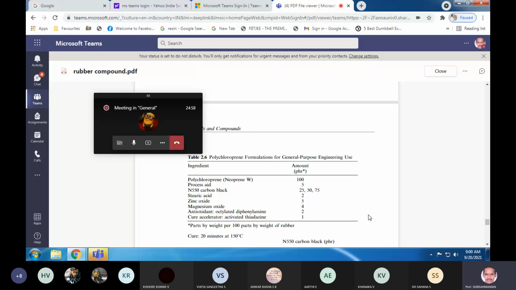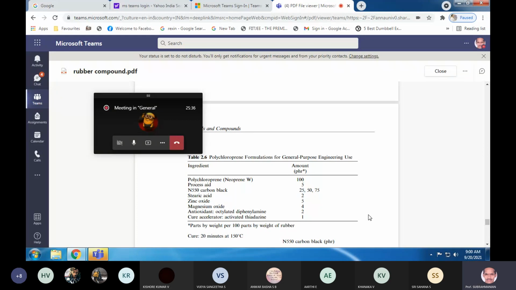All right, friends, this is the pure cross-linking mechanism. We have to generate a cross-linkable site in one chain and another chain, so that we can insert some bridges.